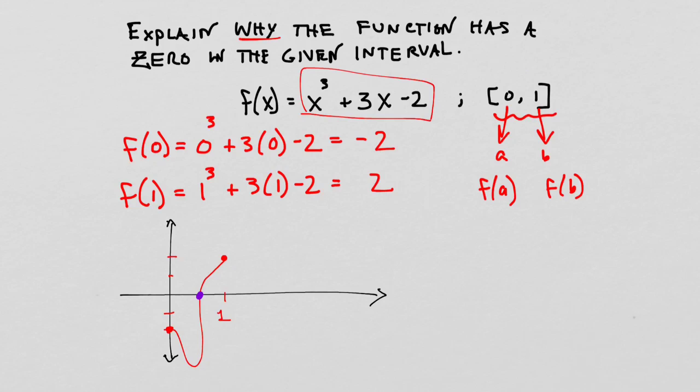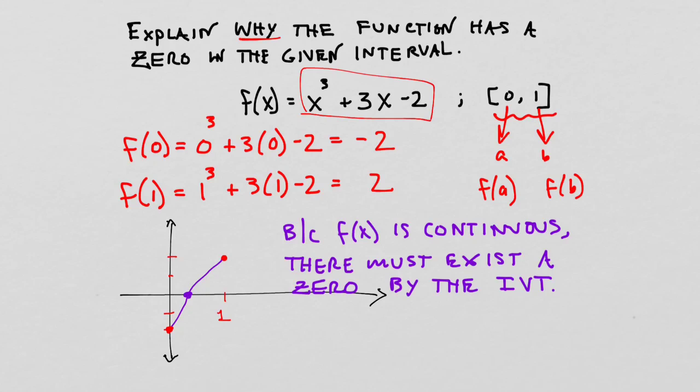There is no way to get from our first point to our second point without crossing over the x-axis and subsequently generating an x-intercept or a 0. So we can make this statement that because f of x is continuous, there must exist a 0 by the intermediate value theorem.